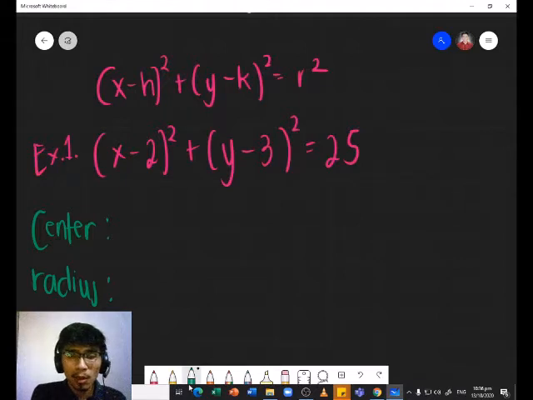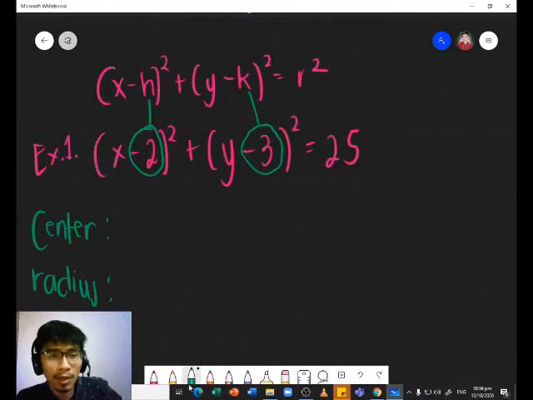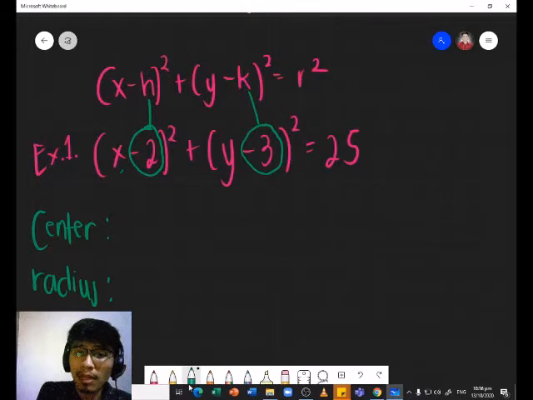Take note that way back in how I presented h and k, h here and k here are my centers. Automatically, look at that form. This is my h, and this is my k. So whoever is in the x variable, that is your h, and whoever is in the y variable, that is your k.